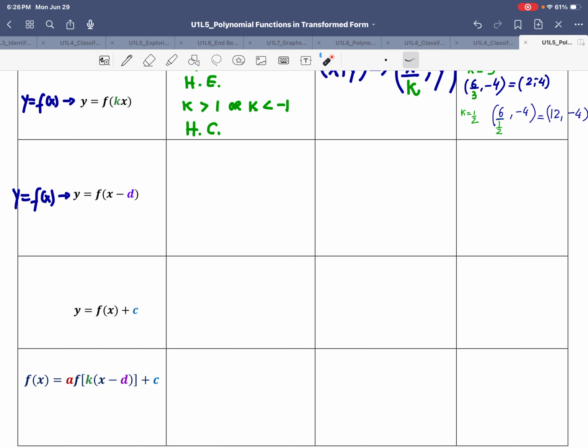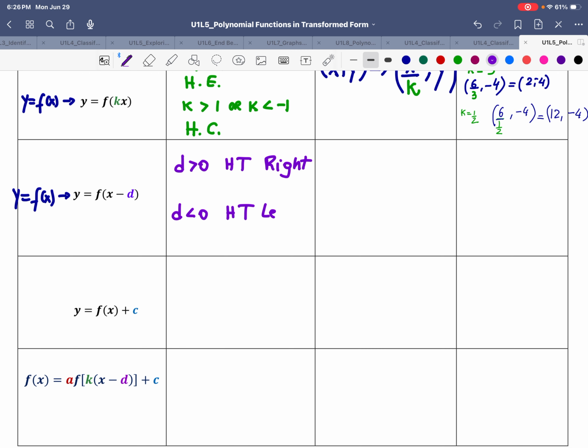Well, if the value of d is positive, then the horizontal translation will happen in the positive direction, so to the right. If the value of d is negative, then there will be a horizontal translation to the left.